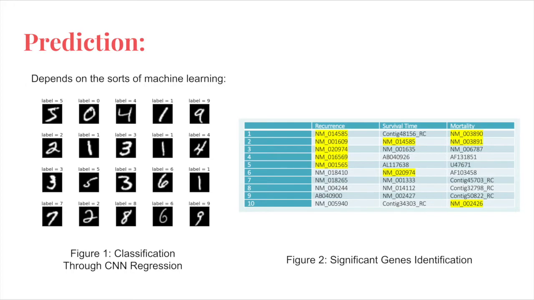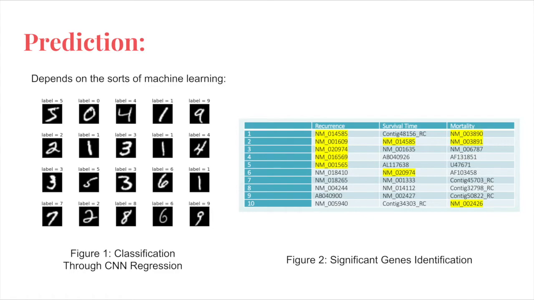For example, the first figure shows a very famous example called MNIST for deep learning training. In this case, we have a training data set and a training label, which means it's supervised learning.